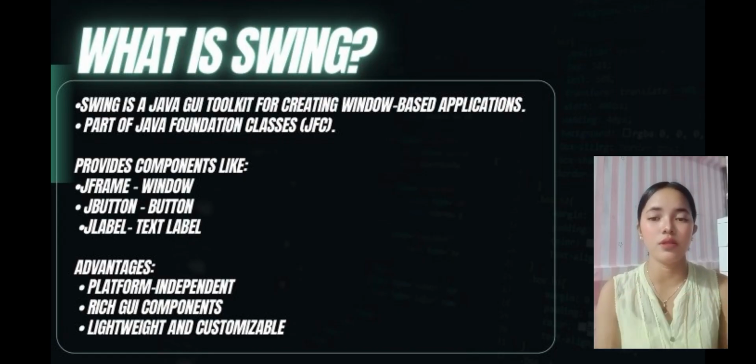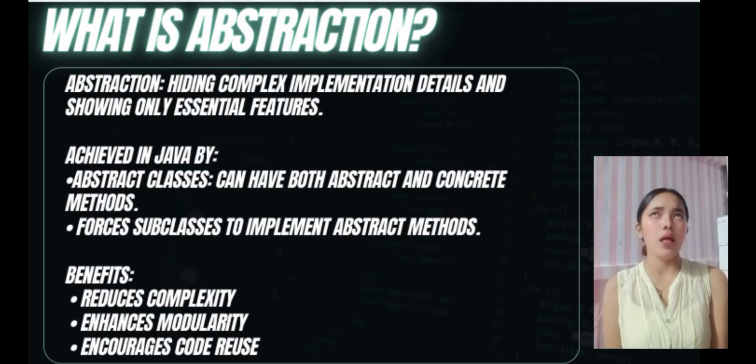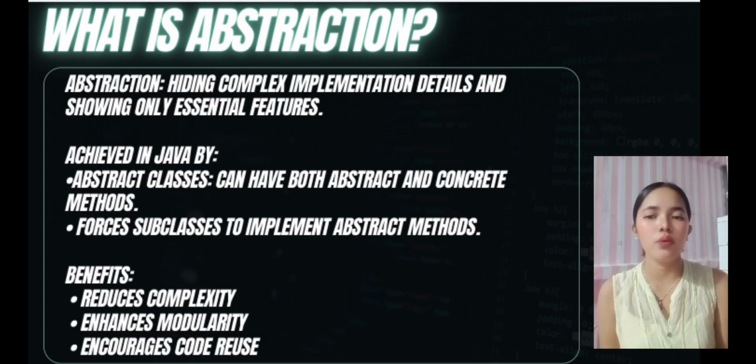Next is, what is abstraction? Abstraction means hiding complex implementation details and showing only essential information. For example, when you use a TV remote, you only press a button, you don't see how the signal is sent inside the TV. That is abstraction, you interact only with the important part.